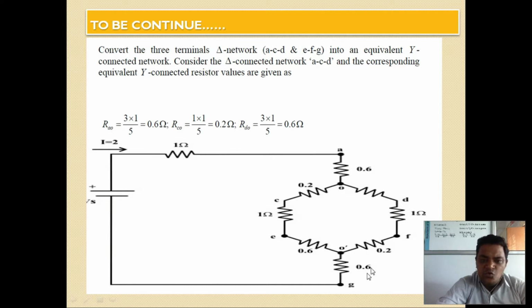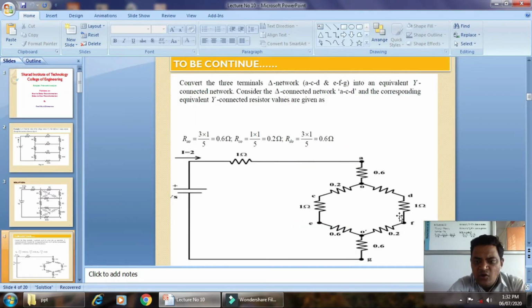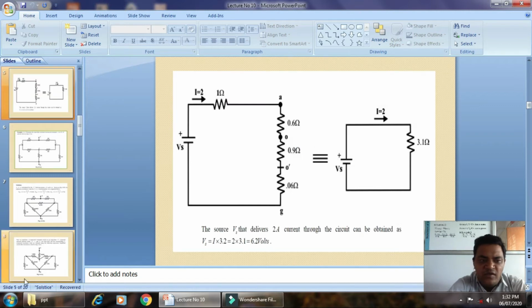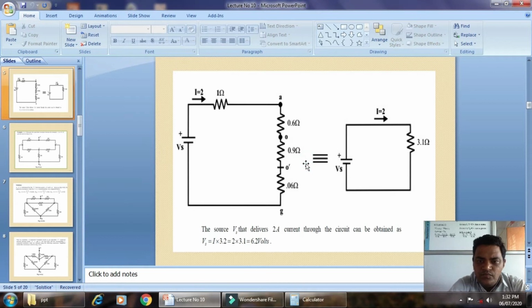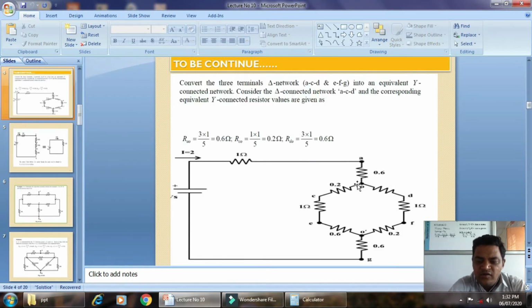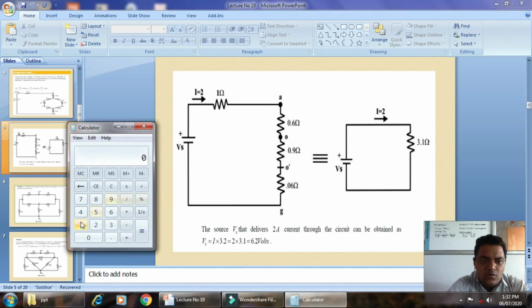So 1.8 into 1.8, which is equal to 3.24 upon 3.6, which is 0.9. Whatever this 0.9 is, this value will be substituted in series here.